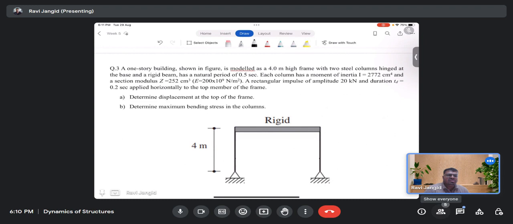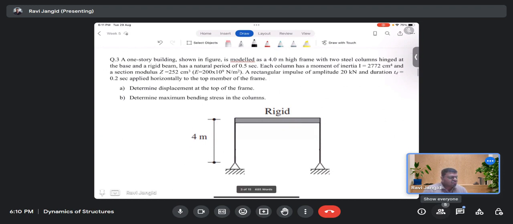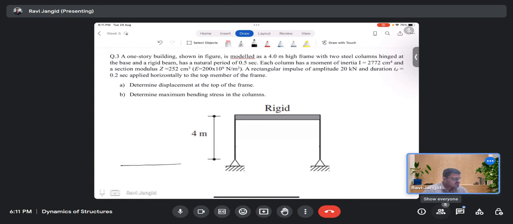Each column has a moment of inertia of 2772 centimeter power 4, and section modulus of 252 centimeter cube, and the elastic modulus is 200 into 10 raised to power 9 for steel. A rectangular impulse of 20 kilonewton is applied with a duration Td equal to 0.2 second.